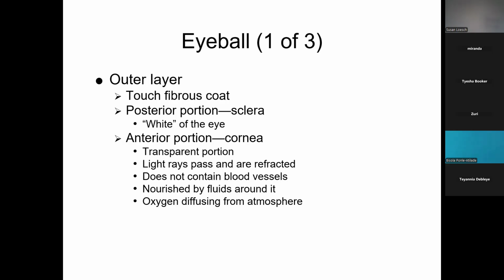In the anterior part of the eye, the choroid will develop into the ciliary body and the iris. The ciliary body has a ciliary muscle. It controls the shape of the lens to help focus on near and distant objects. For older people, that part becomes a little bit broken because their lens doesn't have the ability to adjust as much anymore.